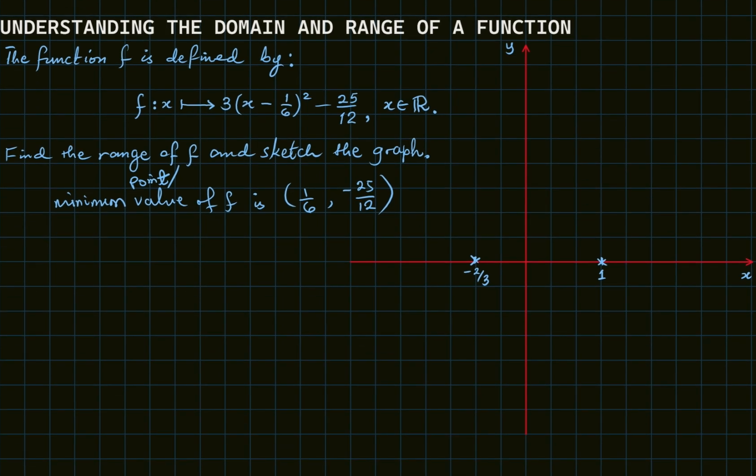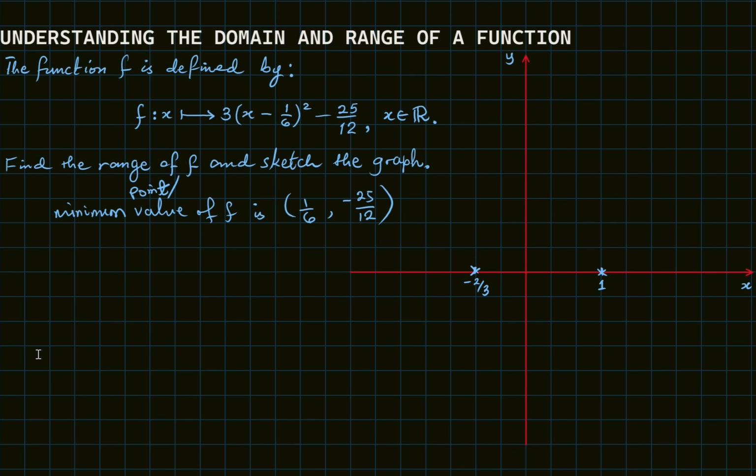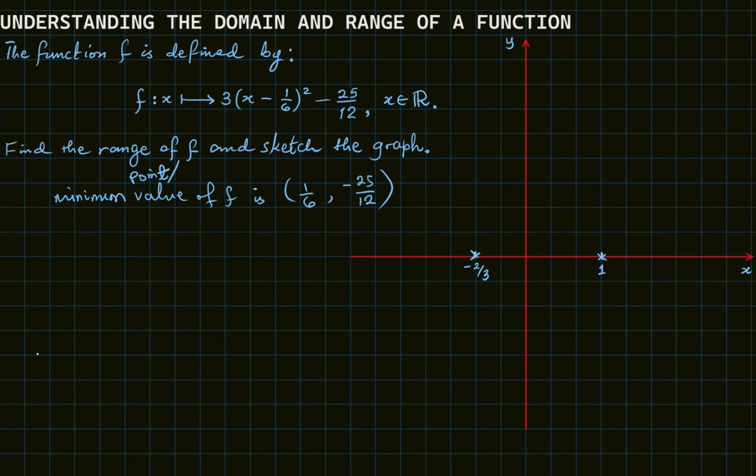So now that we know the minimum value, we know that that is 1 over 6, which is going to be around here. Okay, it's going to be around here. That's 1 over 6. The negative 25 over 12 will be negative 2 whole number 1 over 12.